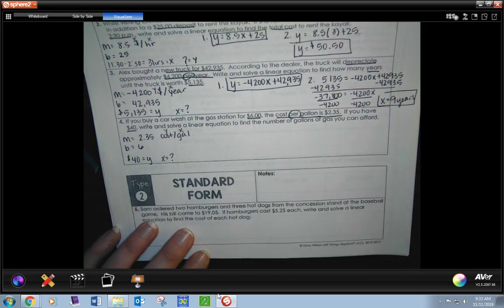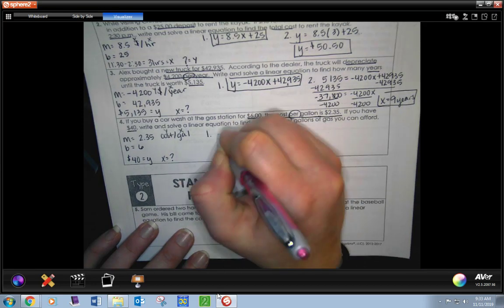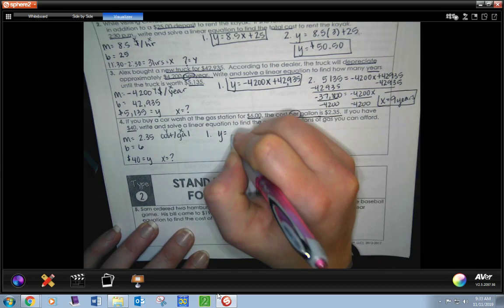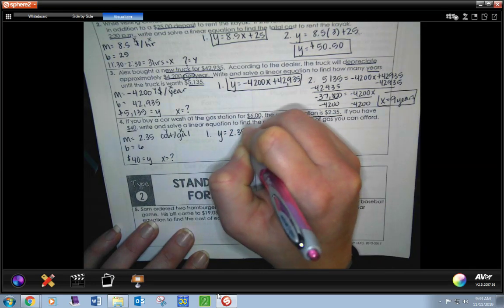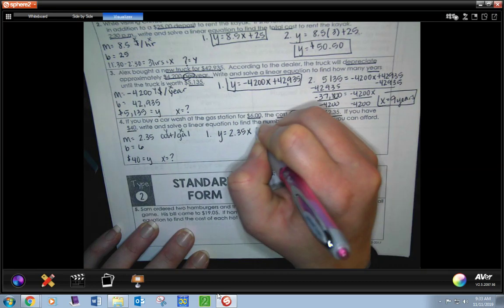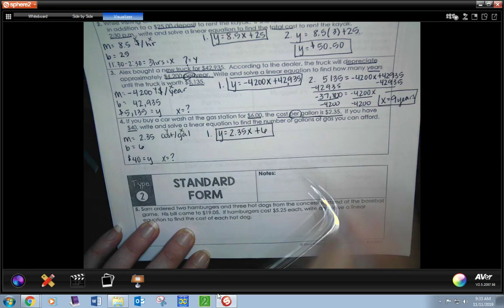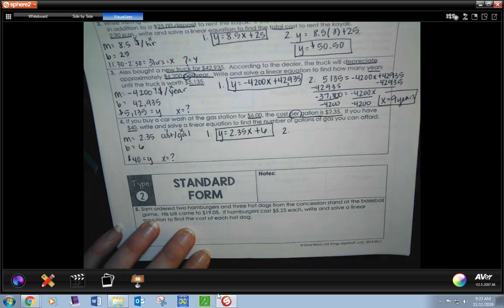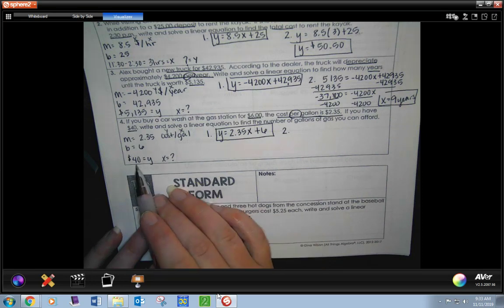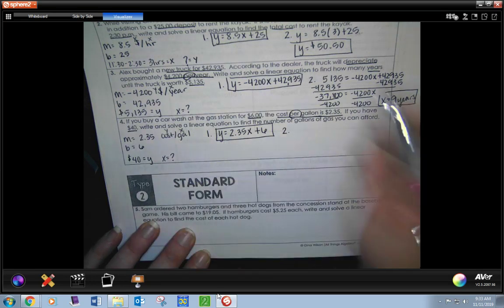I don't know x. So step 1, my equation. Y equals, my M is 2.35, keep x. My B is 6, because I got to pay $6 no matter what. There's my equation. Step 2. Plug in the piece of information you know. I know I have $40, and I know that goes in the Y spot.